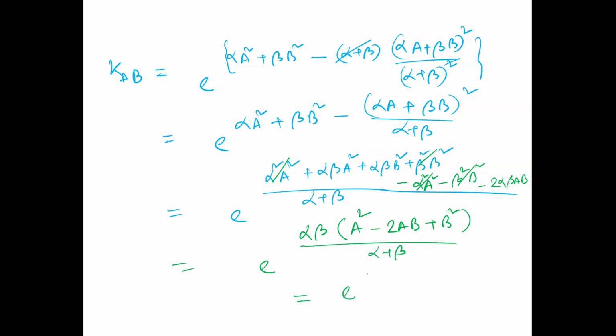So now you have e to the power alpha beta (A minus B) square divided by alpha plus beta. Now you can see why this KAB nomenclature. So this alpha and beta are basically constant, and the positions A and B in the Born-Oppenheimer picture that we are dealing with are also constant, right? So this whole KAB is a constant. So given two Gaussians, you can actually calculate this KAB.